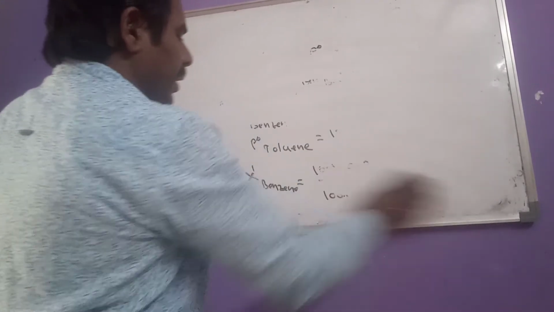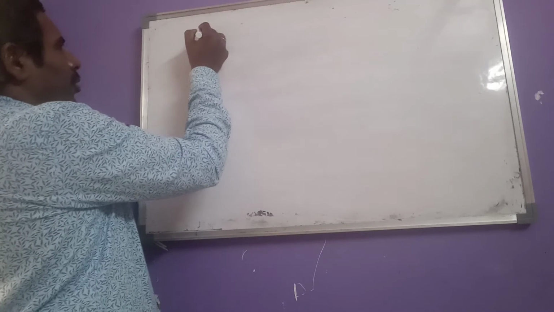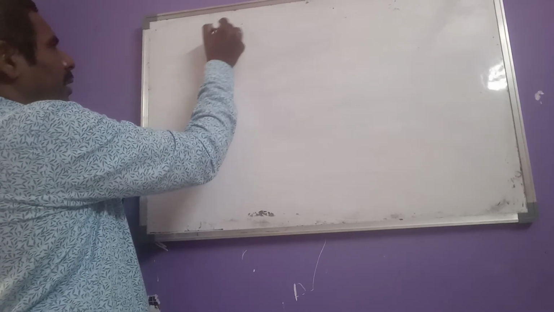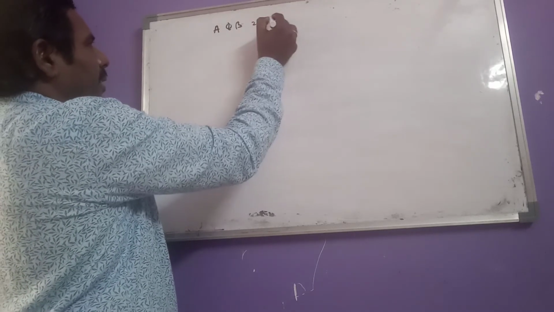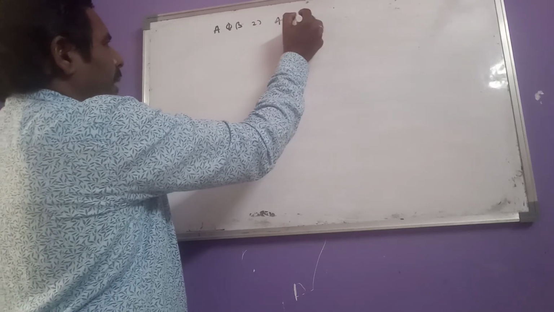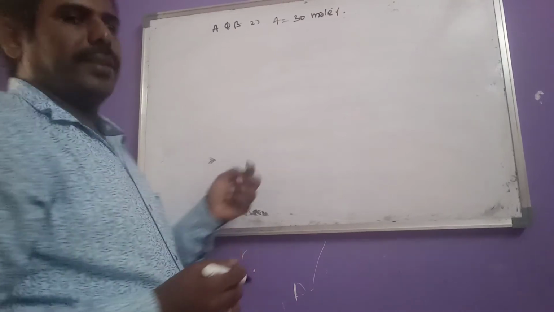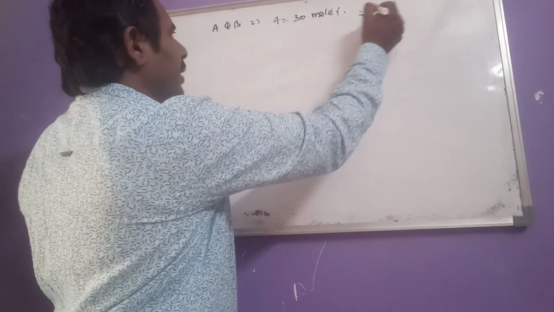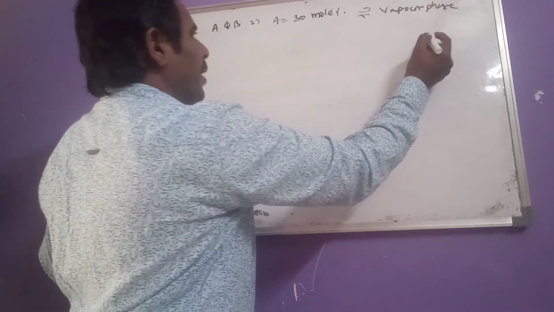Okay, then another question, let us see here. A solution containing a mixture of A and B. Now in liquid phase, A is 30 mole percent, and it is in equilibrium with vapor phase.